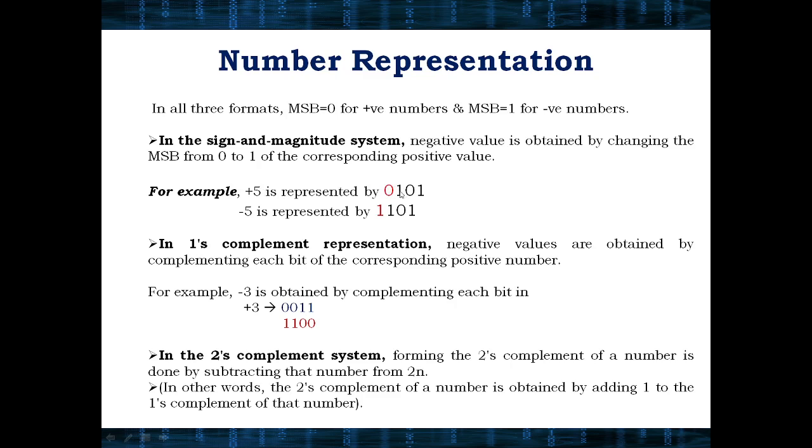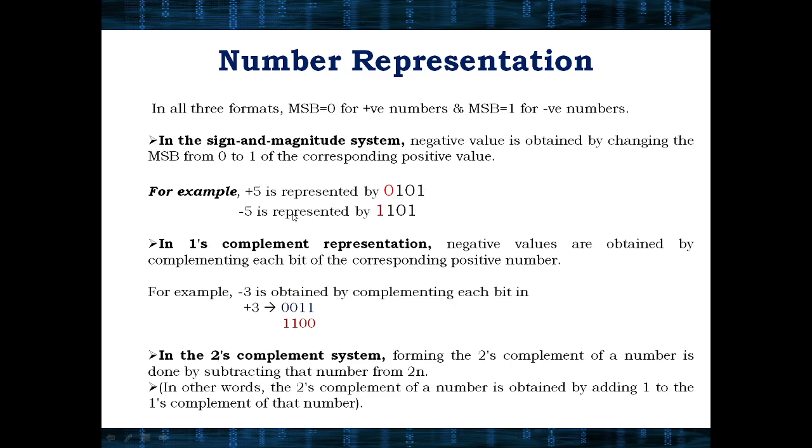To convert this into negative 5, we keep the three remaining bits and change the MSB from 0 to 1. So that becomes minus 5. In sign and magnitude, the MSB is called the sign bit, and the remaining three bits are called the magnitude bits. That is the name sign and magnitude system.